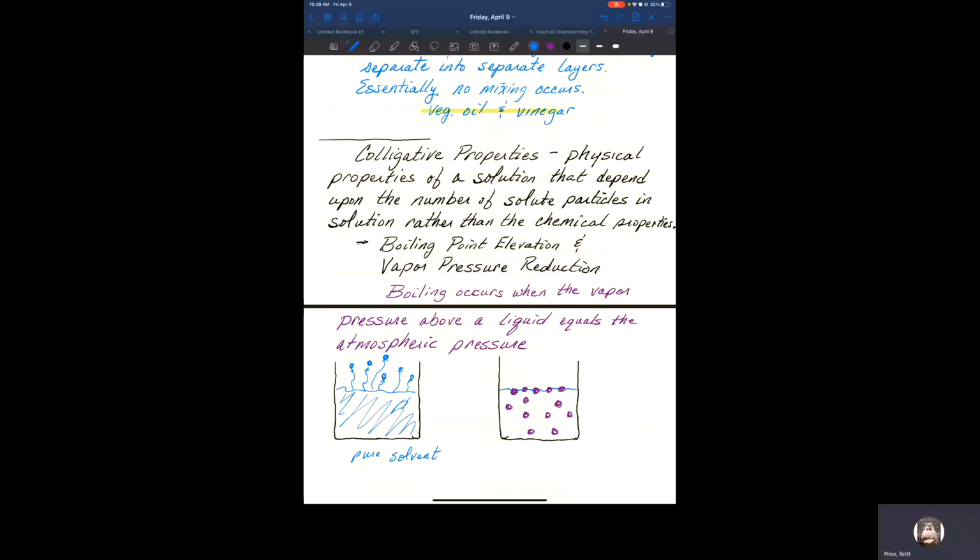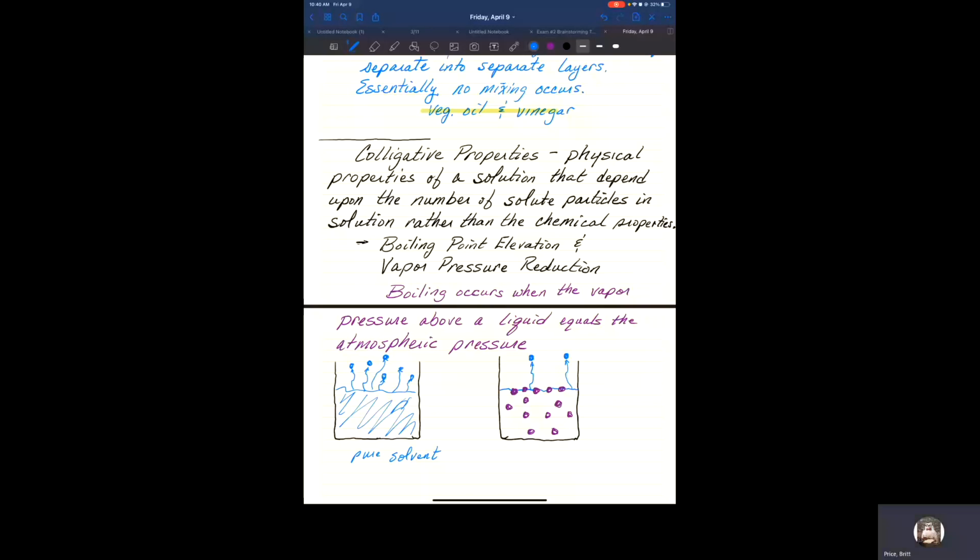Some of those solute molecules are interacting with solvent molecules at the surface. They actually are preventing some of those solvent molecules from escaping.